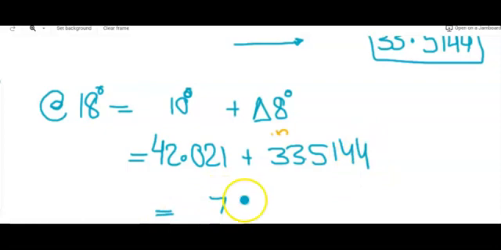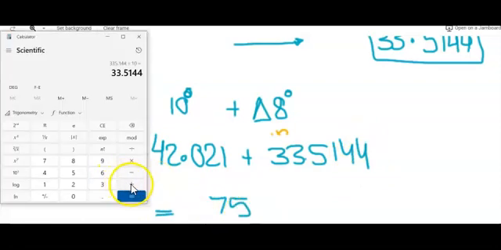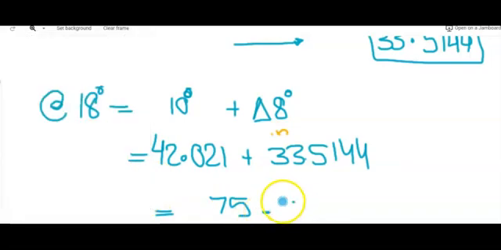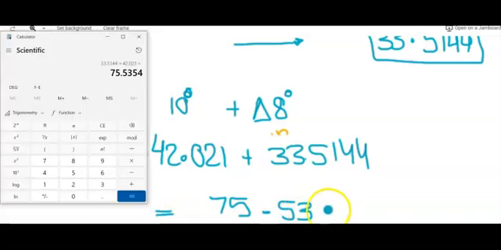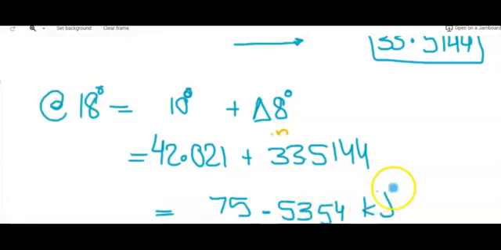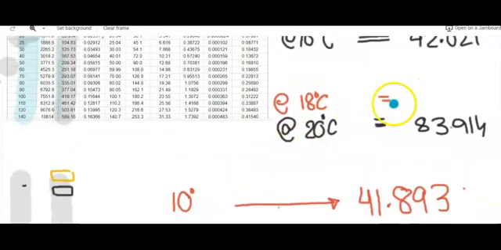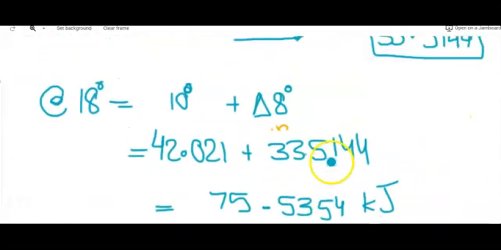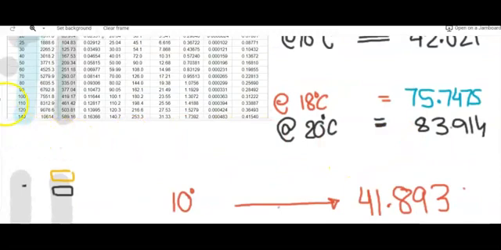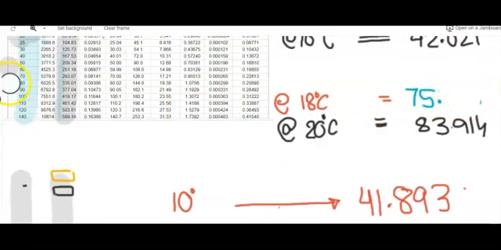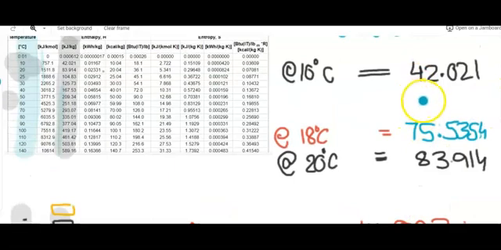So that will give you 75.5354. So it does sound good because 42 is at 10, and then as you move down, it increased.